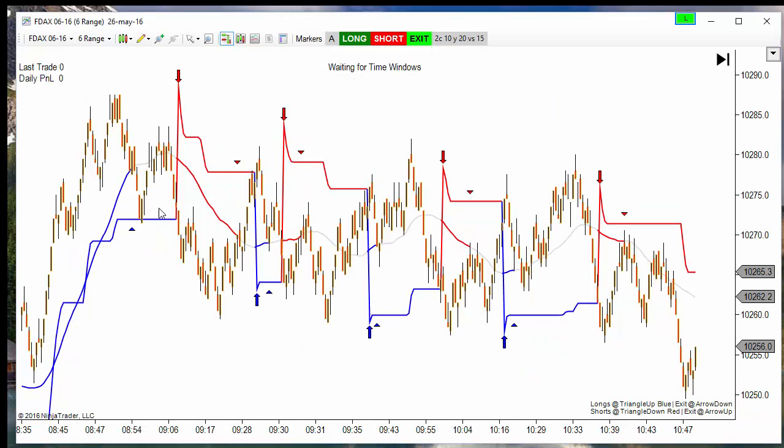So after the trend change we have a line where we have the entries. For example, on this short we are entering here, this is a loser, but then we enter long on the blue line, this is a winner, and a short at the red line, another winner.